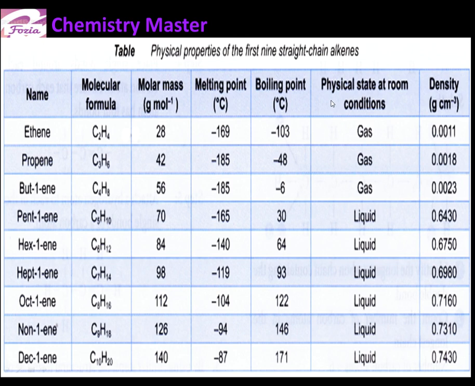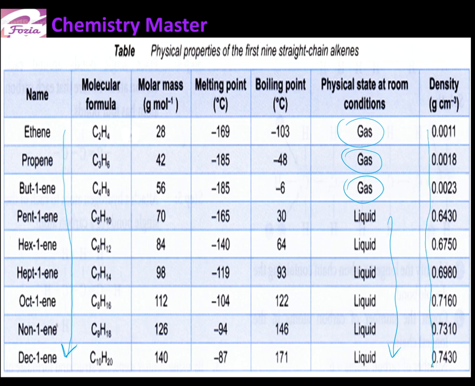The first one is the lowest one with the minimum molar mass, and as you go down the series, carbon atoms are added and it results in an increase of molar mass or molecular mass. So you see the first three are gases because they are lighter in mass, and the following alkenes are liquid. The increase of molar mass also results in the increase of their densities.